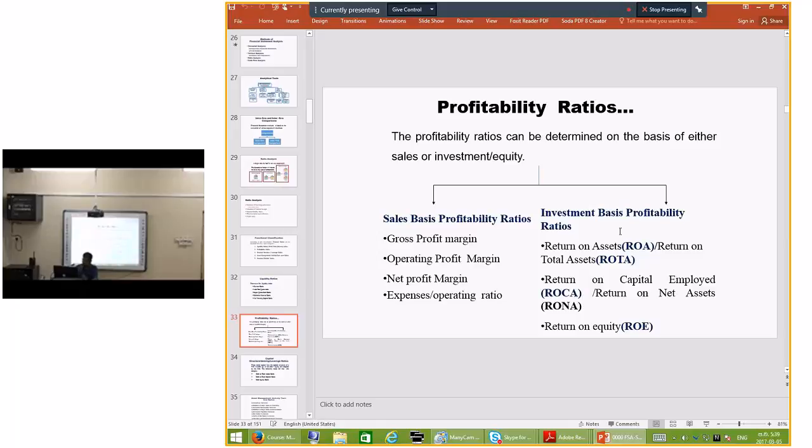You can see return on assets, return on capital employed, return on net assets, or return on equity. Those are very popular among investors, business decision makers, and stock analysts.